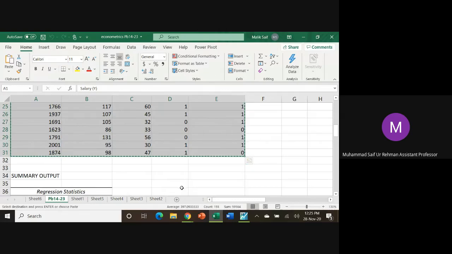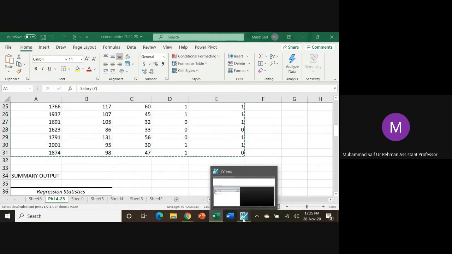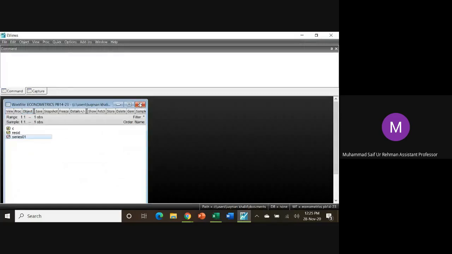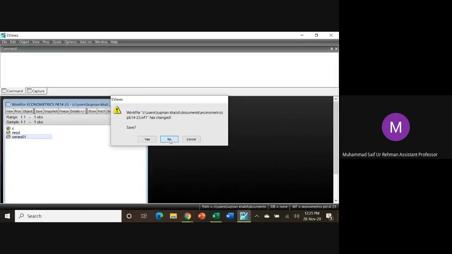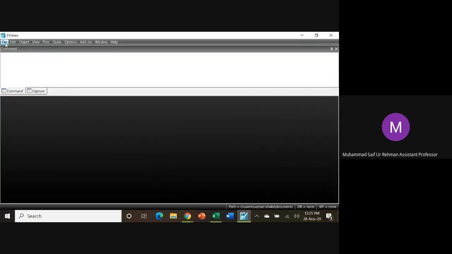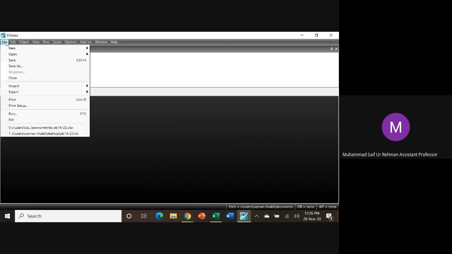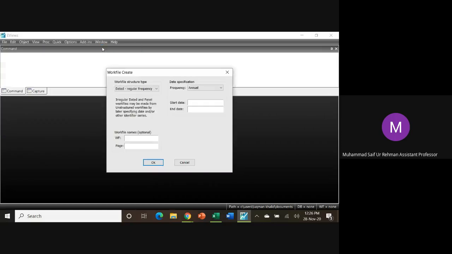So if you take the value straightforwardly in the views, import the values, so it will import it straightforwardly. Otherwise, you can also have the values over here, like this, work file. Okay, frequency is annual, no problem.